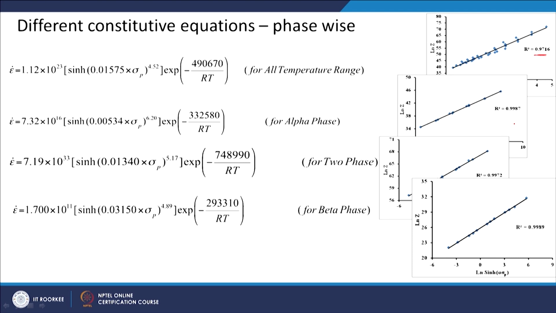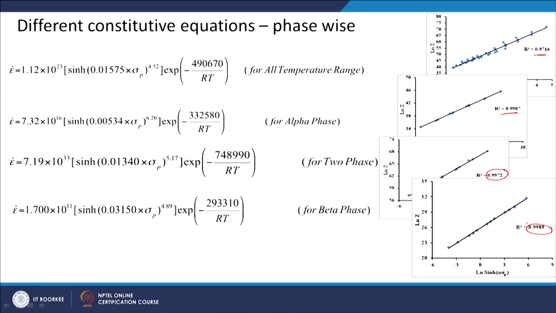For alpha phase the R square value is 0.99, for 2 phase region again the R square value is 0.99, and for beta phase again the R square value is 0.99. So, you can see that when we are developing the constitutive equation for independent phases or phase region, the R square value is quite high, very close to 1.